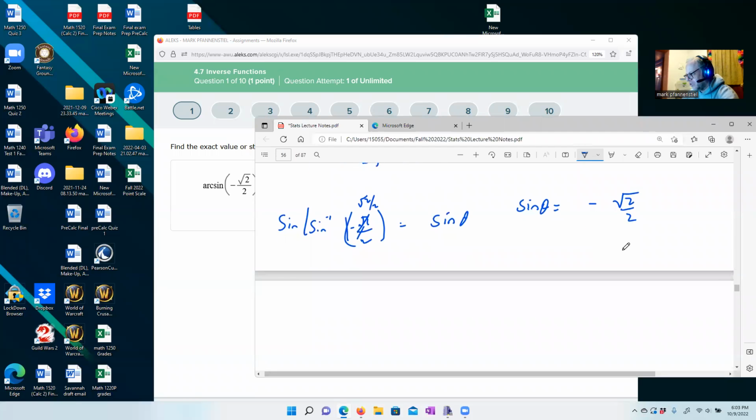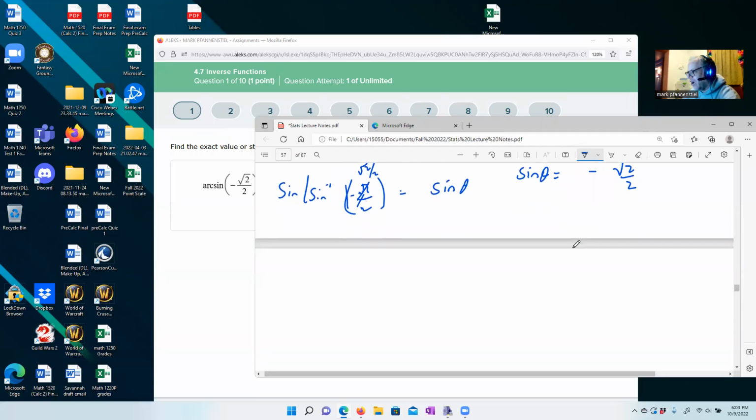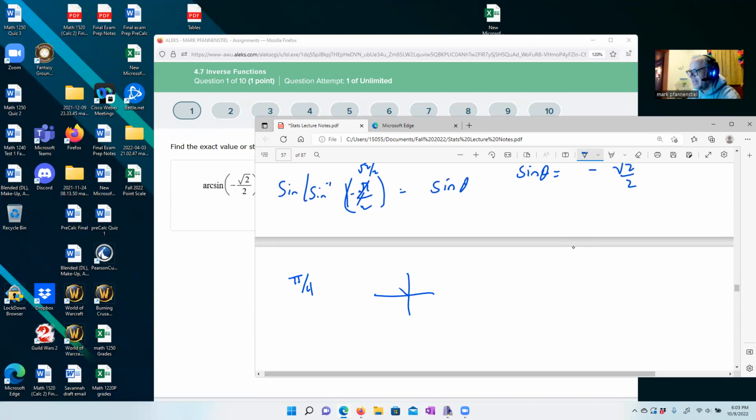And you'll go back to your knowledge of trig and you'll say, oh, wait, that's pi over 4. But wait, which quadrant is it in? It's in quadrant 1. It could be in quadrant 2. No, it couldn't. It's negative. So this is pi over 4, 2 pi over 3 pi over 4.